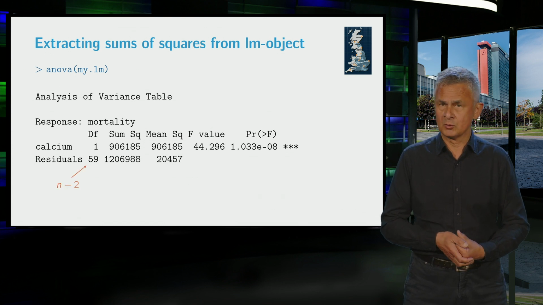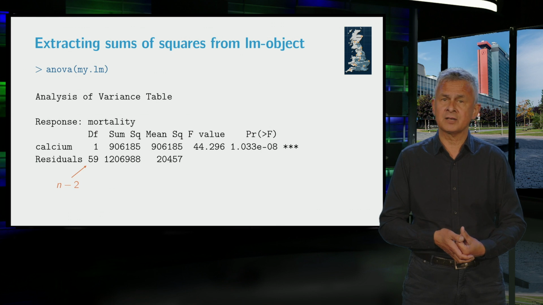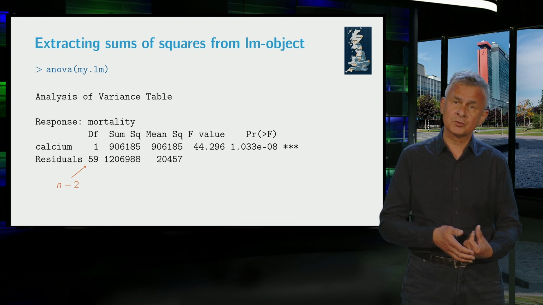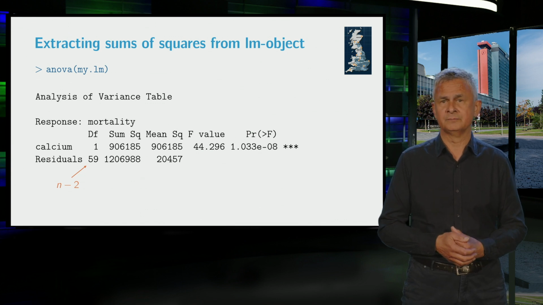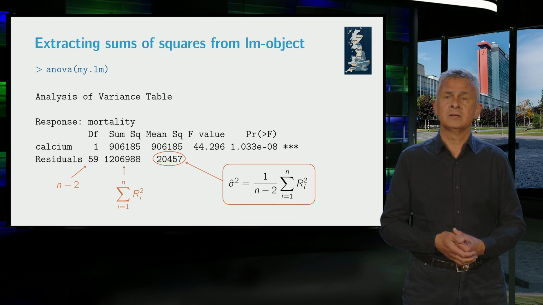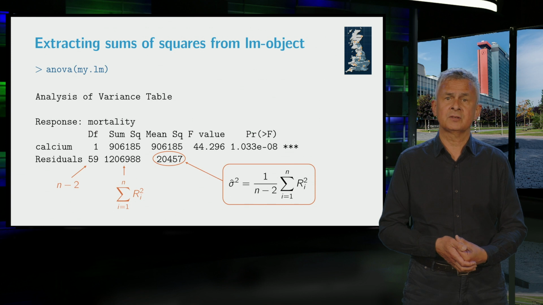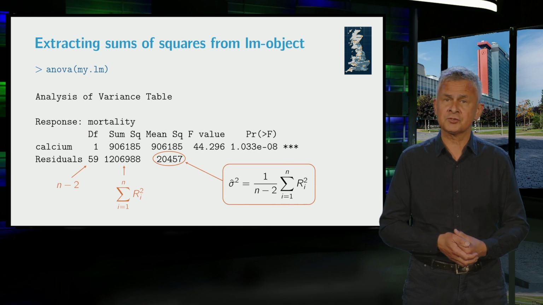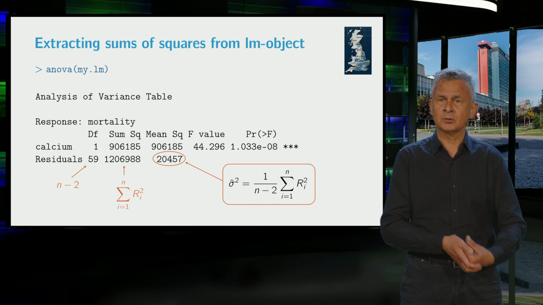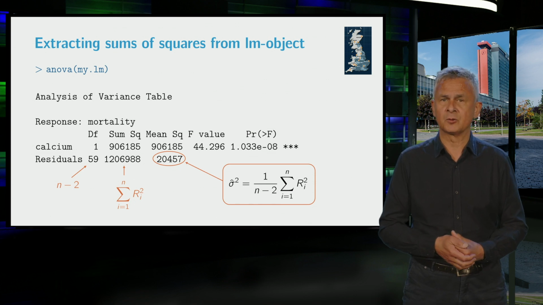And for the residuals, this is precisely n-2, in our case 59. And the third column is the ratio of column 2 divided by column 1. Hence, the mean square residual is the residual sum of squares divided by n-2. And this is, by definition, the least squares estimate for sigma squared. You may check that if you take the square root of this, you will find 143.